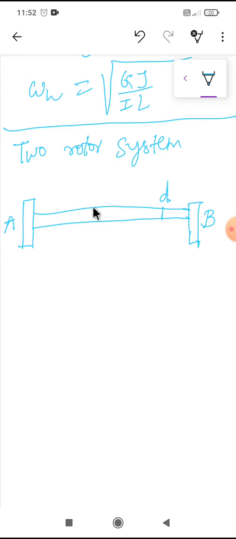Now the moment of inertia of rotor A is suppose Ia and for rotor B is Ib.